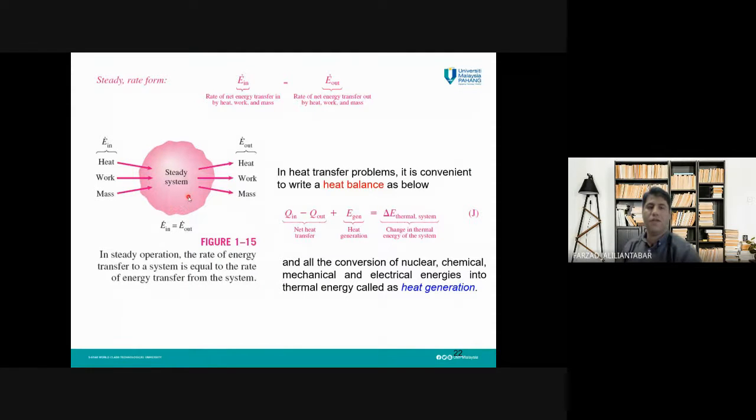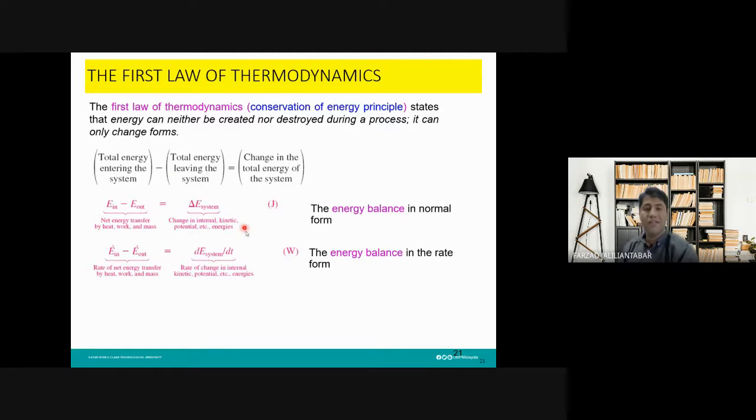And this is for a steady system. A steady system means the total energy of the system does not change with time. In other words, dE system by dt is equal to 0. I repeat that again.